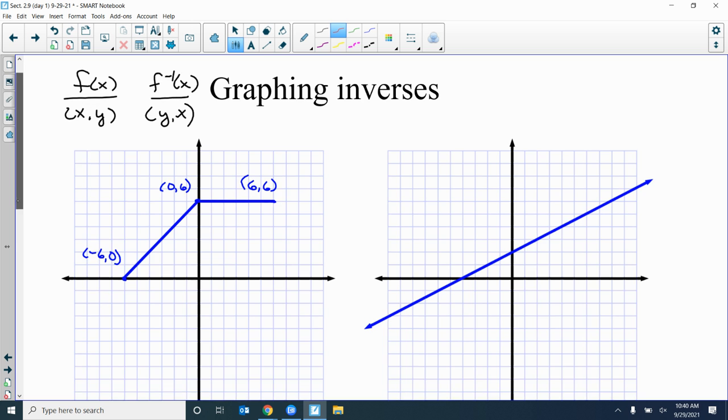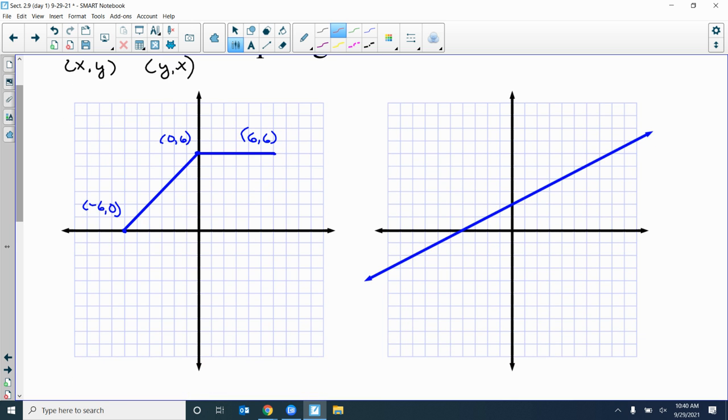So negative 6, 0 becomes 0, negative 6. 0, 6 becomes 6, 0. What about 6, 6? What does that become? 6, 6. It'll just stay the same. All right, and then connect. There's the inverse.